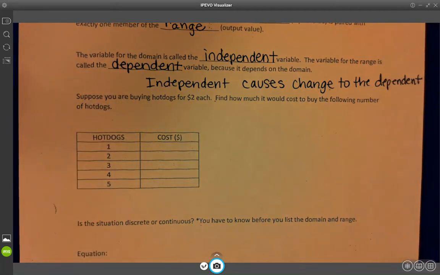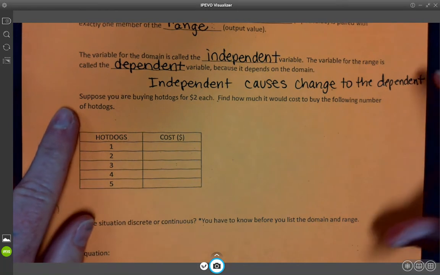And the x value is independent. The y value is dependent. Because you're going to plug in a number for x, and then whatever comes out, your output, is going to be your y value. Which sometimes you don't have x and y. You have like s or h and c or t. You have different variables. So it's not only just x and y.